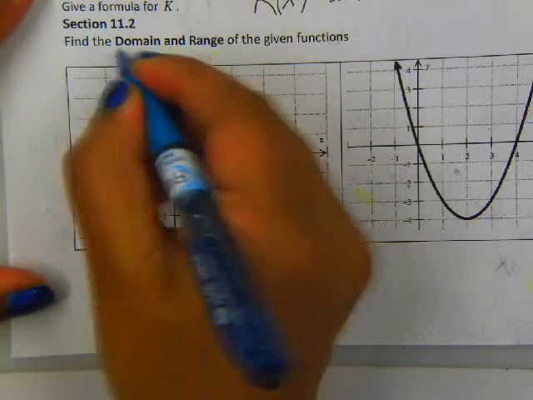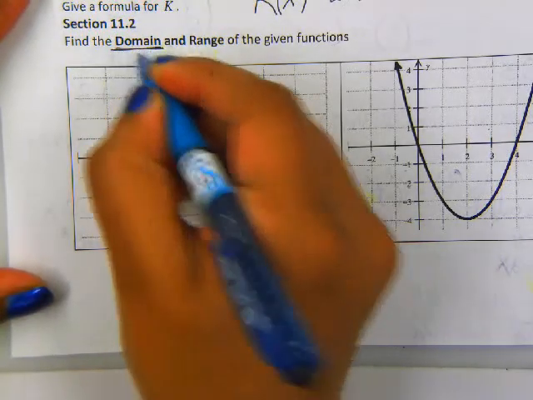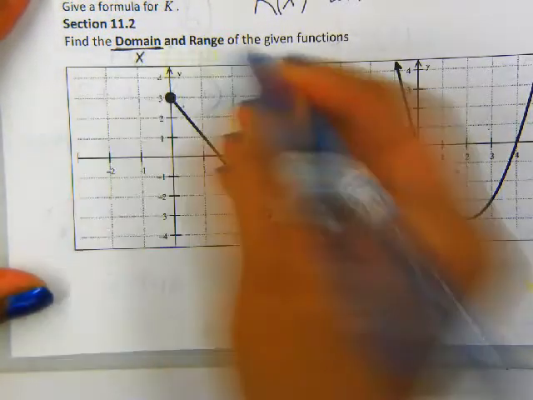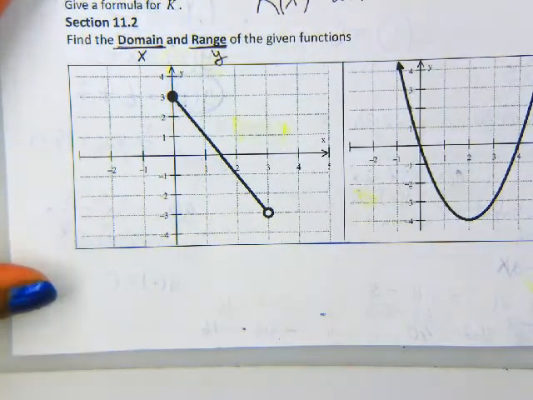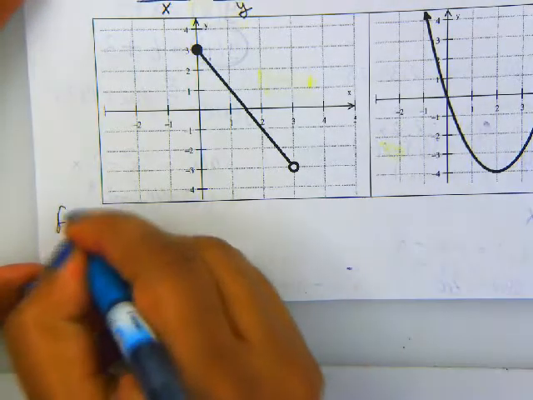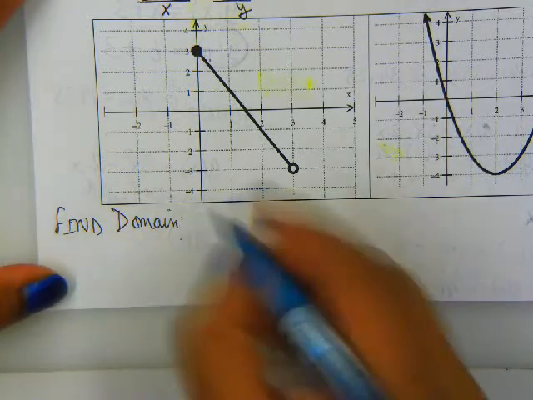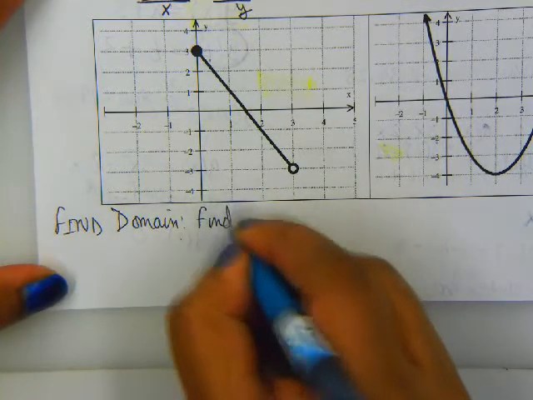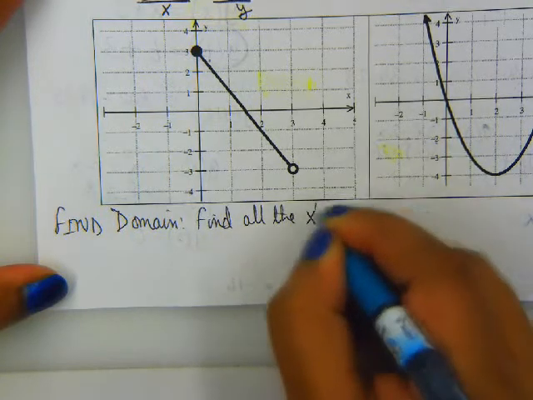So again, when it comes to a graph, domain is the first, so this would be x, and range is your y. So what they are indirectly saying when they say find domain, I'm writing my notes over here, find domain means they are asking to list all the x coordinates.